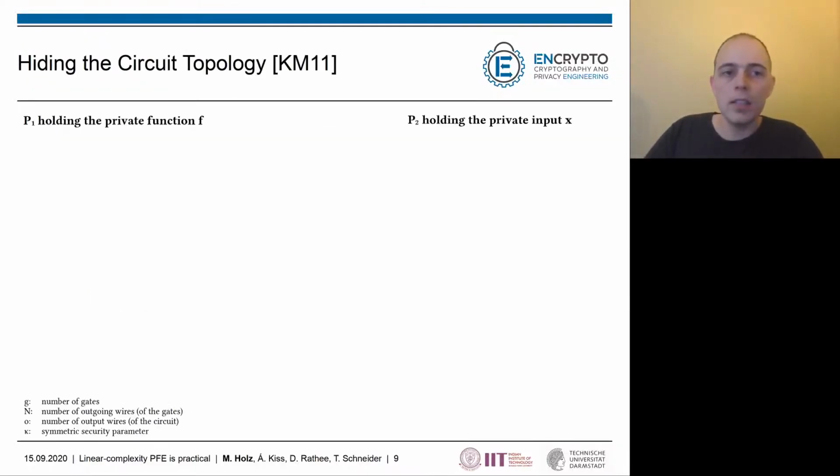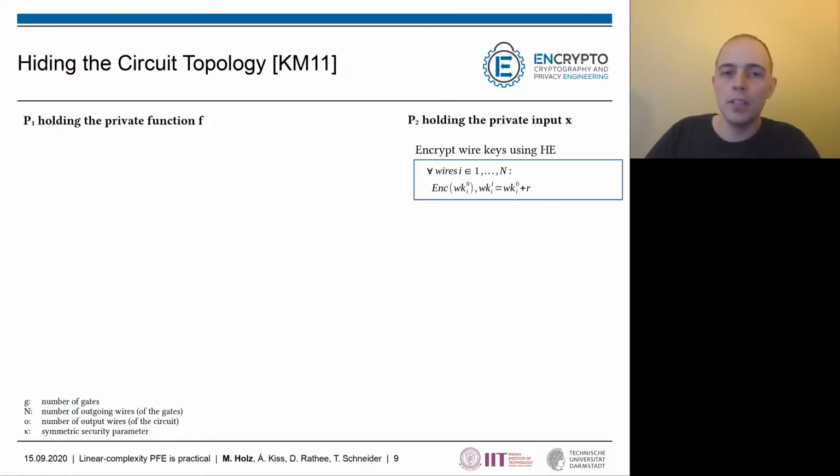So let's take a look at the protocol of Katz and Malka from 2011, where we can see how the circuit topology is hidden. This slide is meant as a very technical slide, so we'll go into some details of MPC. Again, here we have party P1 holding the private function, and party P2 holding the private input X. Party P2 starts by generating some wire keys and encrypting them using homomorphic encryption, and sends these homomorphically encrypted wire keys to party P1.